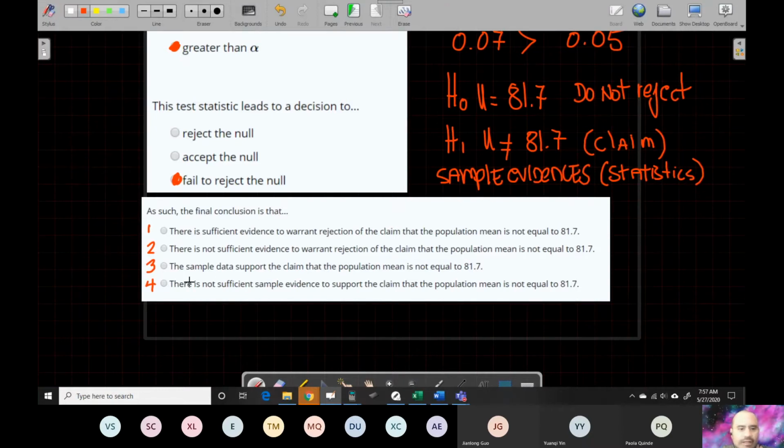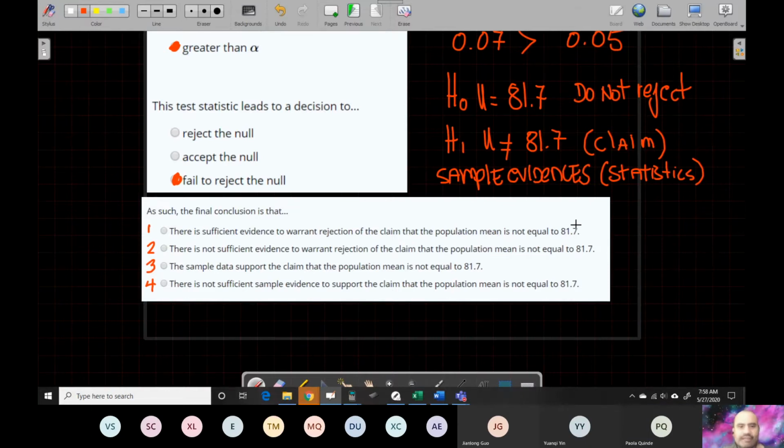So let's read everybody and see what is the best answer. There is sufficient evidence, in other words, there's enough evidence to warrant rejection of the claim that the population mean is not equal to 81.7. What do you think about that?